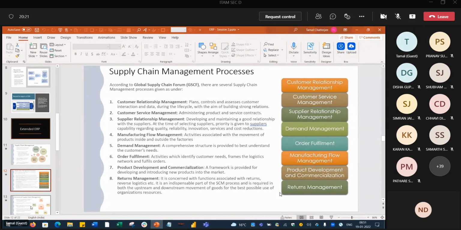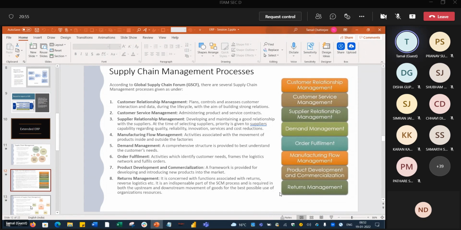Then the order fulfillment, which is very difficult, even harder than producing that product. You have to establish a chain through which you will provide your product to the remotest village of the country.